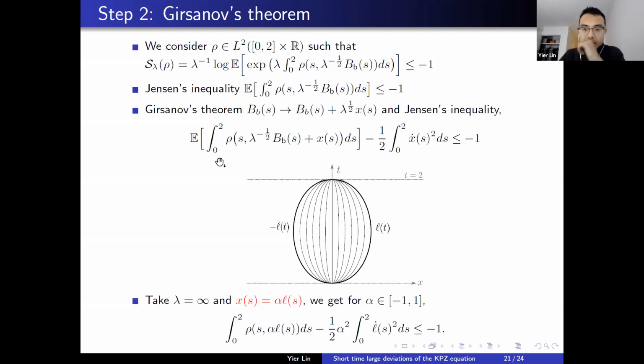If you take lambda to be infinity and x to be your geodesic, then this term will just be 0 and there will be no expectation. Finally, you're just dealing with the condition that you integrate rho here and subtract this integral here, and it should be smaller than or equal to -1.